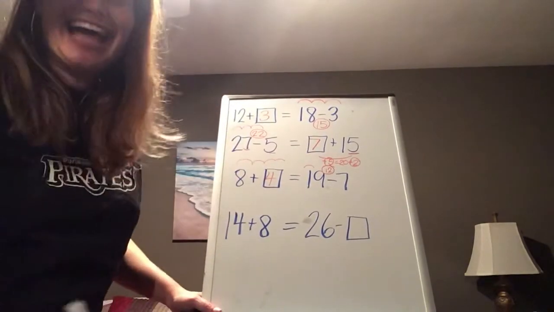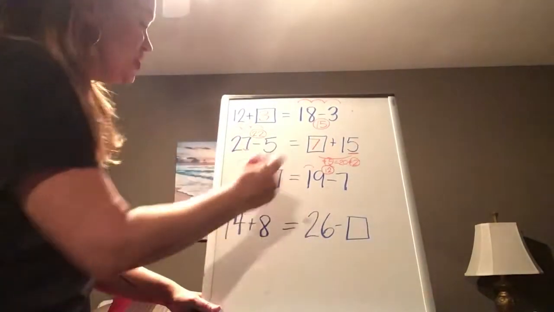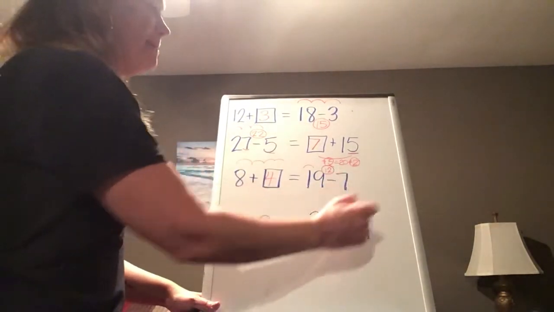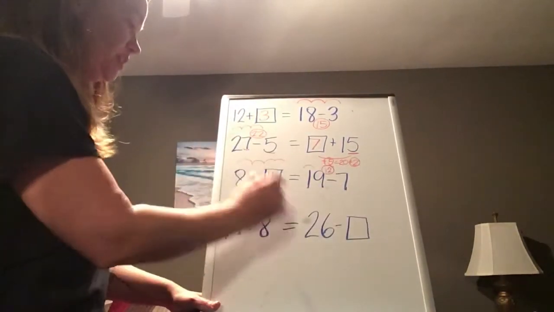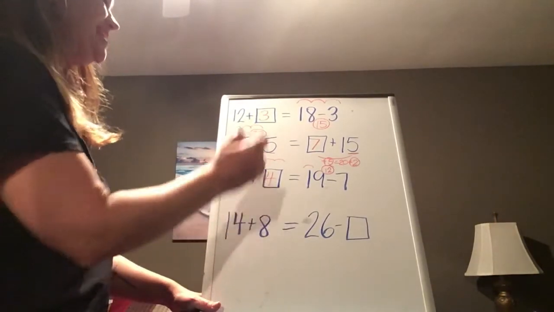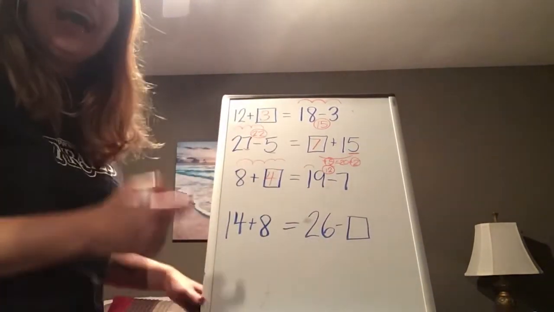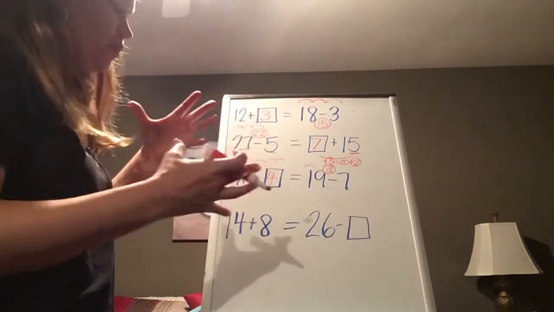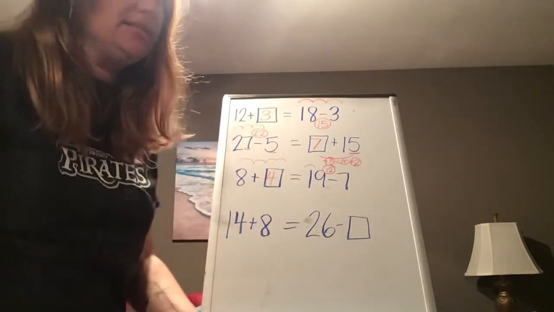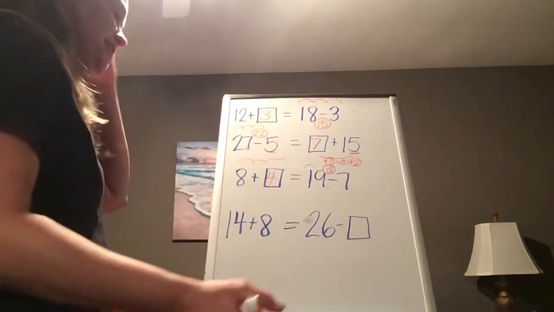So let's look at the last example we have today. We have 14 plus 8 equals 26 take away blank. I'm going to go to the side where I have all of the information. 14 plus 8. Again, there are different ways to do this, and I want you to do it however is easiest for you and what makes the most sense.